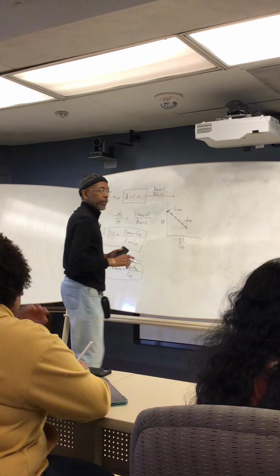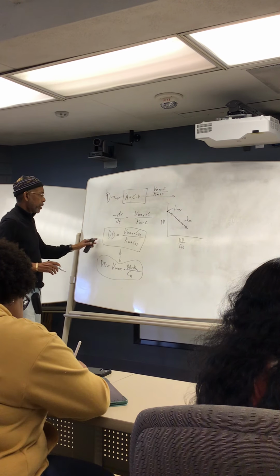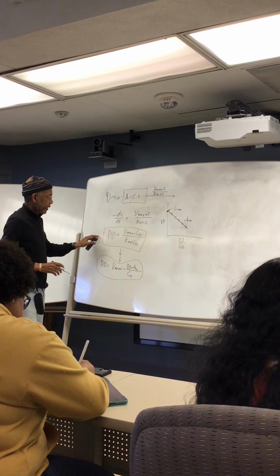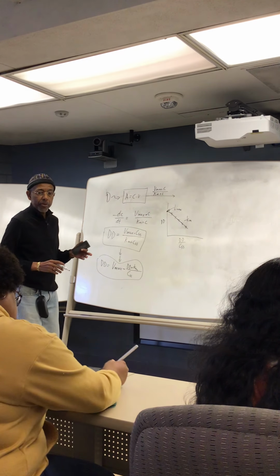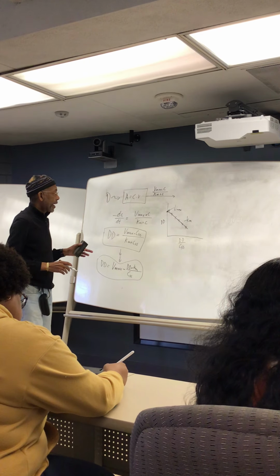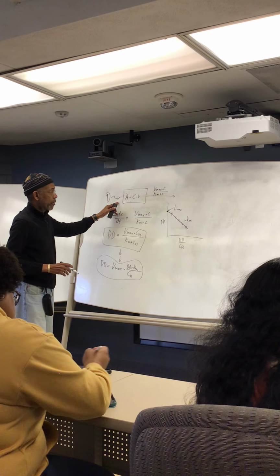I had to skip over a couple of things in order to get to this point the last time we met, to get to these equations, because I wanted to give you something to work on for laboratory or whatever. So I want to backtrack a little bit to this Michaelis-Menten equation.